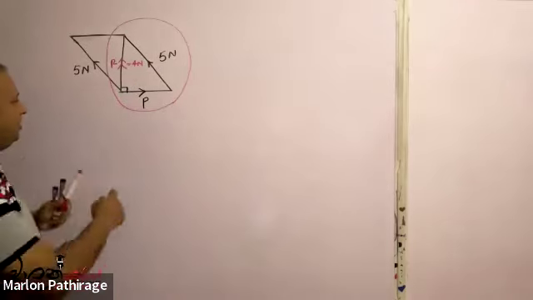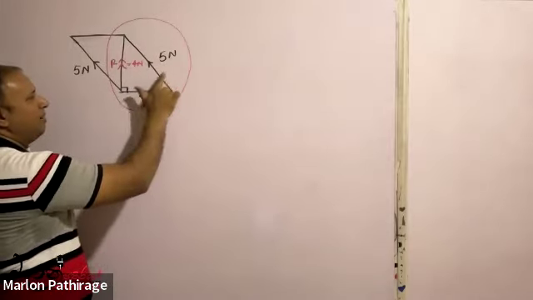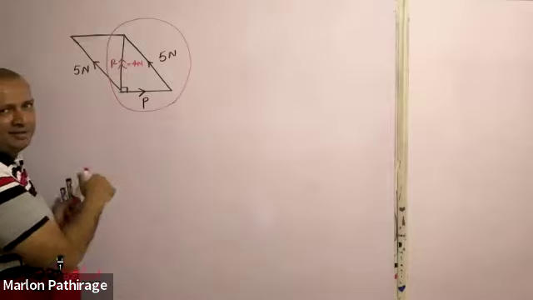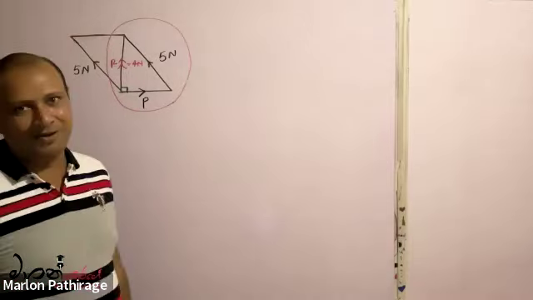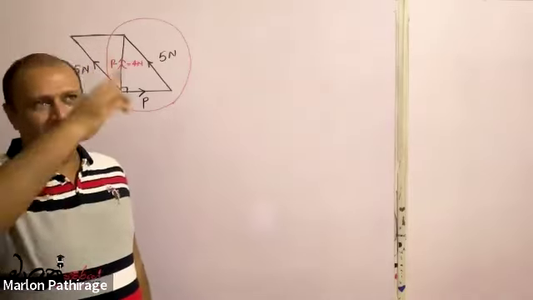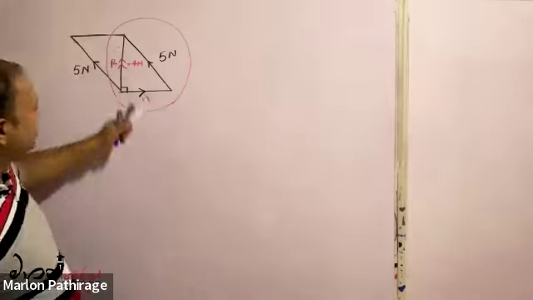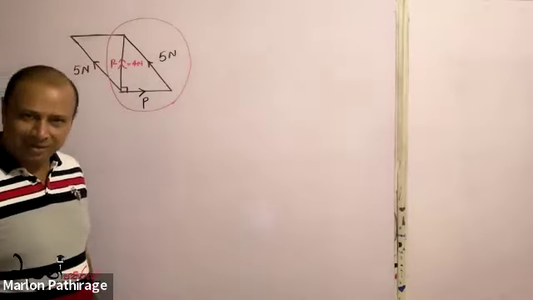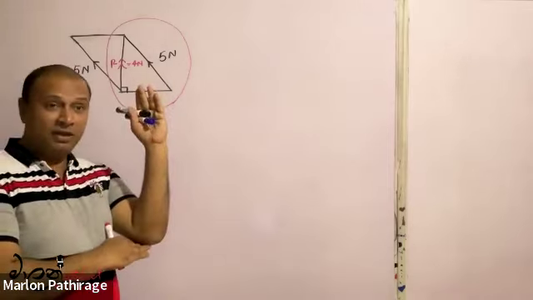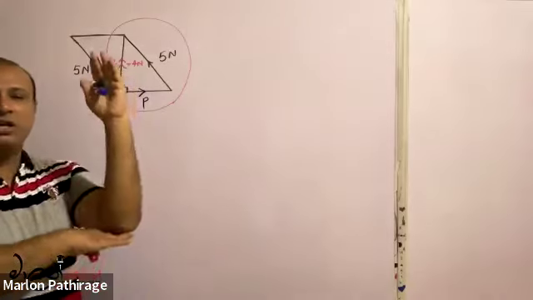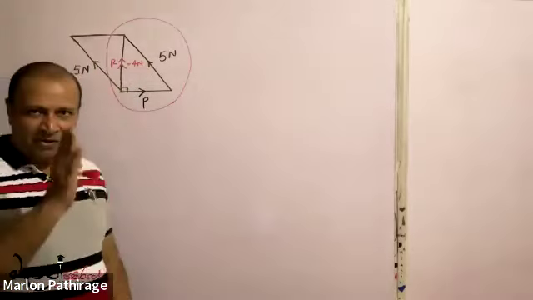This is the smaller force, this is the larger force. Therefore, you can mark them in this triangle, and you can apply the Pythagoras theorem to this triangle. No need to complete the parallelogram. You can use the vector triangle principle.